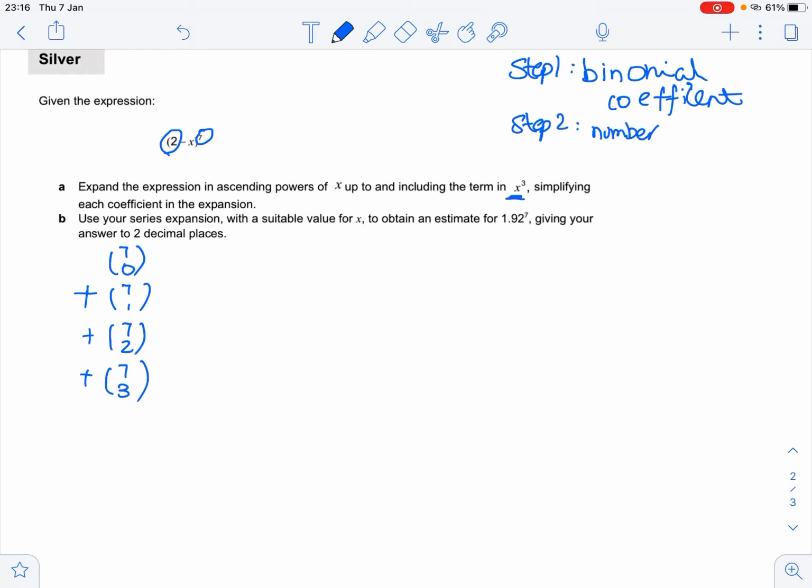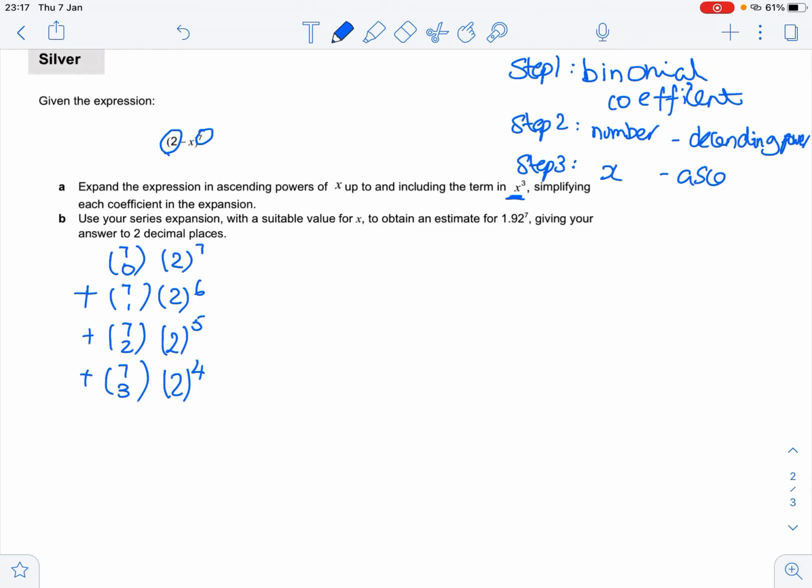So for the number we have 2 to the power of 7, 2 to the power of 6, 2 to the power of 5, 2 to the power of 4.